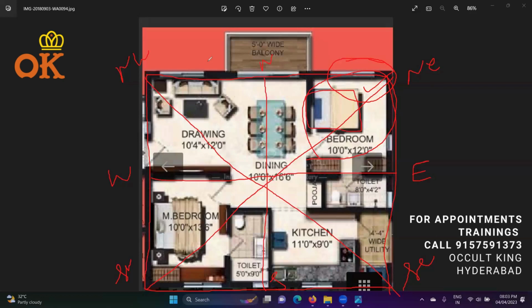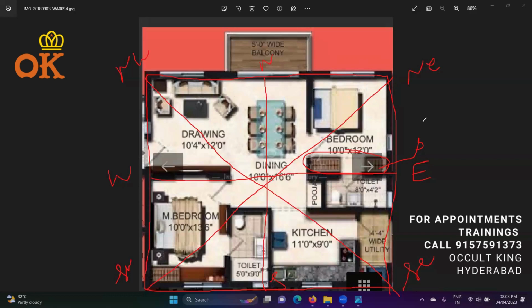One interesting point I would like to share here is the wardrobes. The wardrobes in this bedroom are properly aligned to the south direction of this particular room. In Vastu Shastra, it is clearly written that the weights have to always be in the south direction or the west direction.